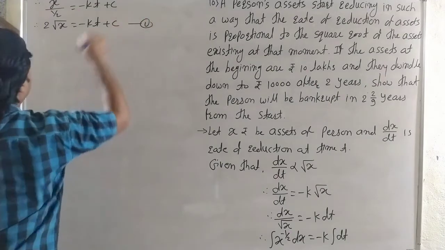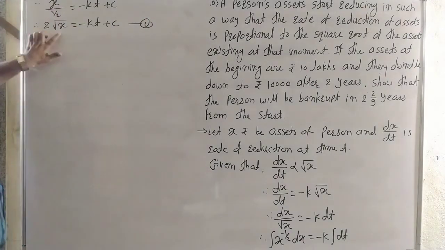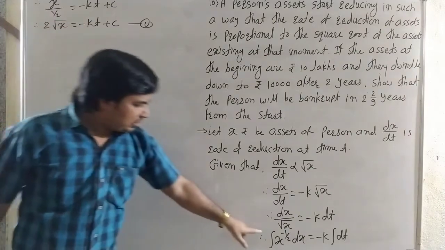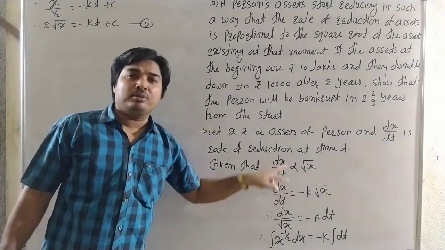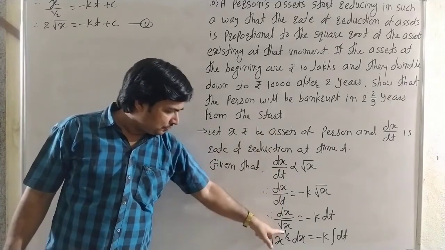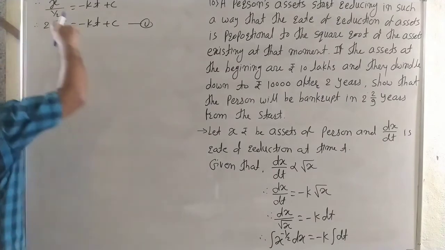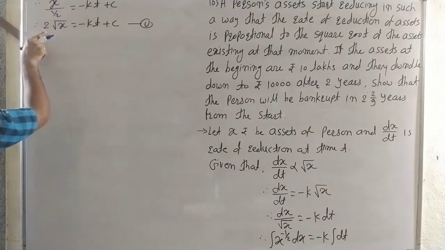It is the solution of this differential equation. Here, 2 into under root x comes from the integral of x to the power minus 1 by 2, by using the standard integral x to the power n plus 1 upon n plus 1, that means x to the power 1 by 2 upon 1 by 2, this is 2.